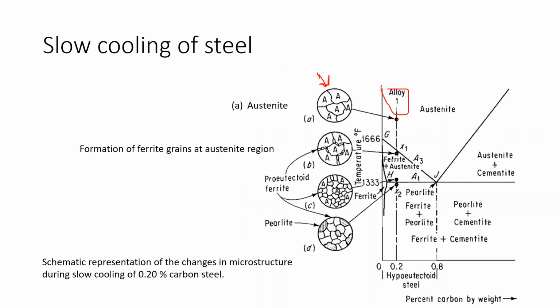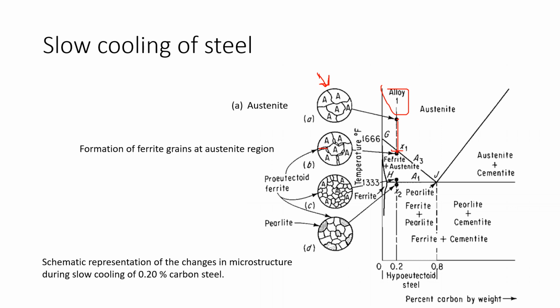When this is further cooled, at the point where it crosses the line GJ, the austenite starts transforming by formation of ferrite grains in the austenite region. Some small grains are formed, so there are small changes in the microstructure.